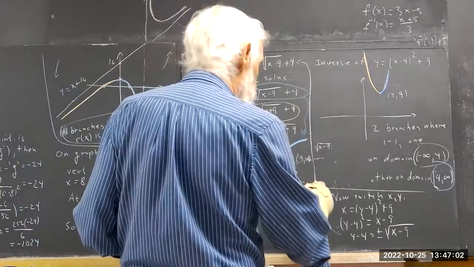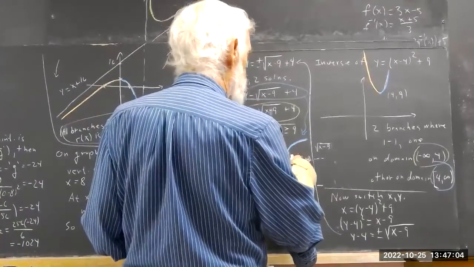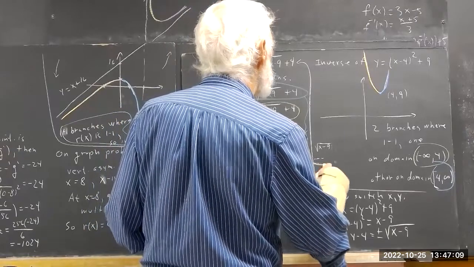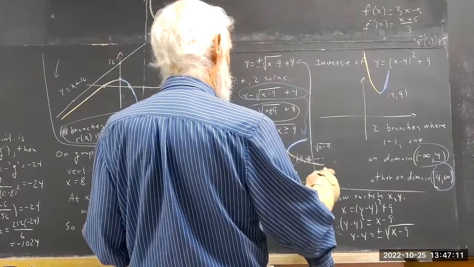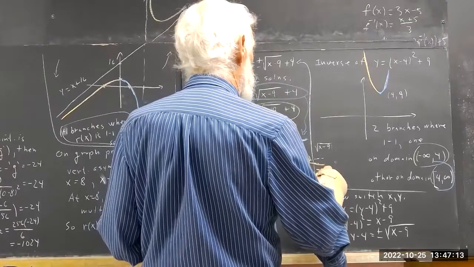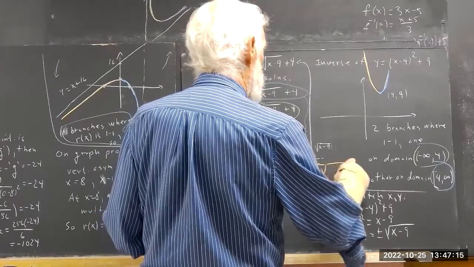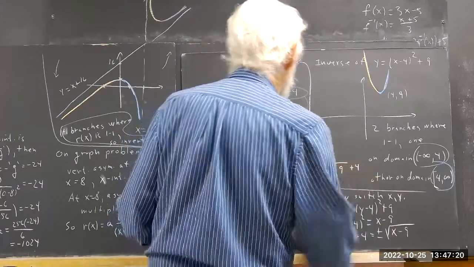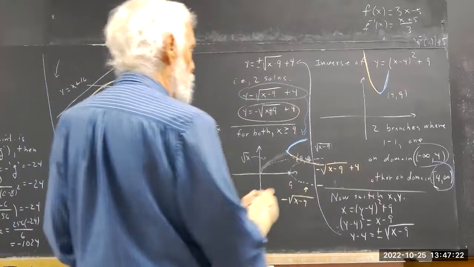You take this thing and raise it up 4 units, it's going to look like this. So here's our negative square root of x minus 9 plus 4.